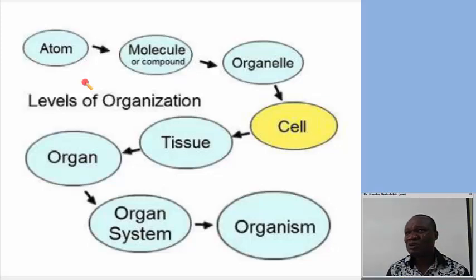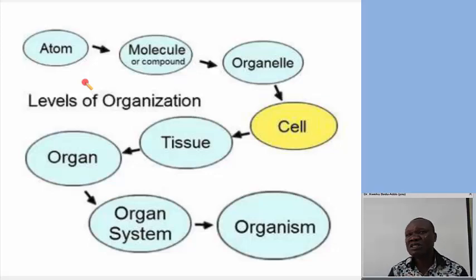The next level is the cell or the cellular level. Now, the cell is made up of organelles, and in unicellular organisms, it is the structural and functional unit of the organism. So if you take an amoeba, for instance, it is a cell which has all the components, and it exhibits all the characteristics of a living organism.